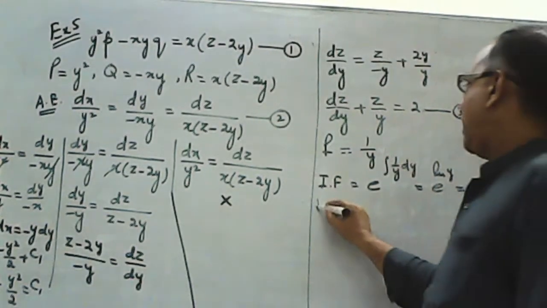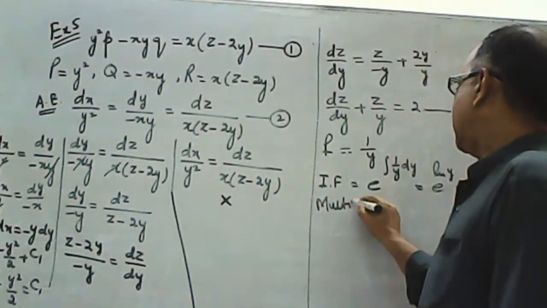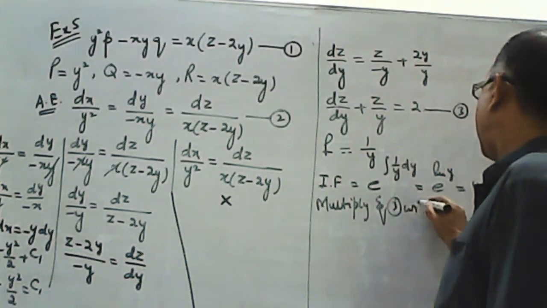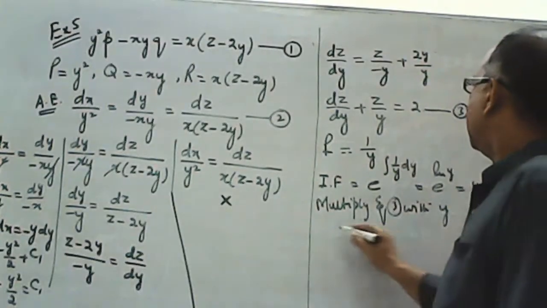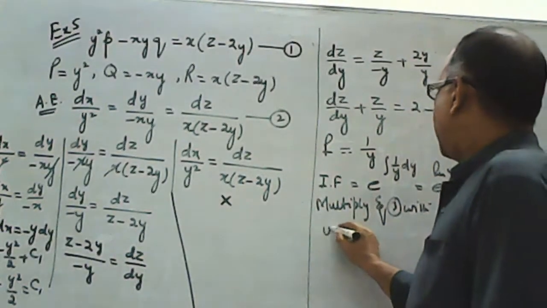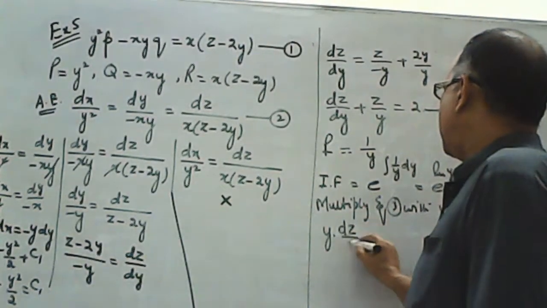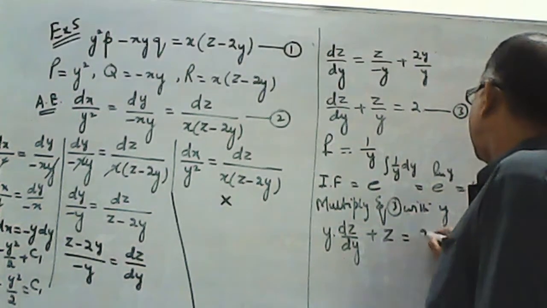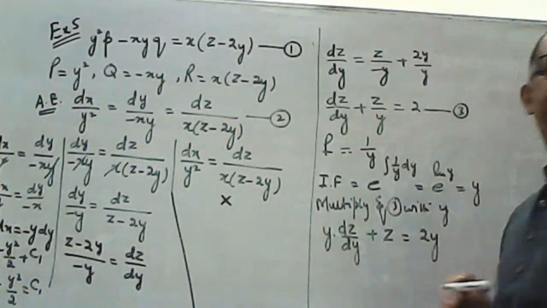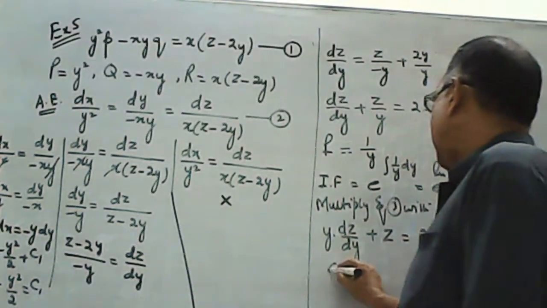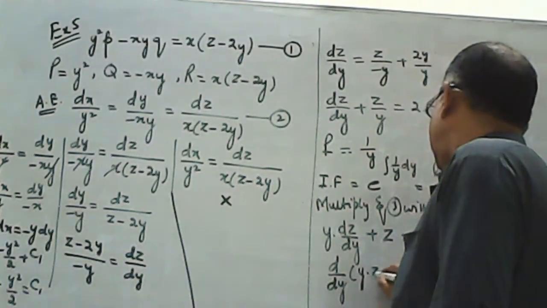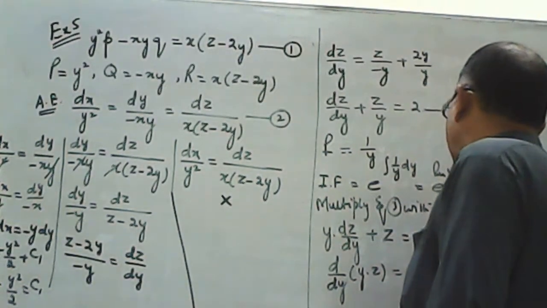So multiply equation 3 with y. It will become y into dz over dy plus z equal to 2y, that is d by dy of y into z equal to 2y.